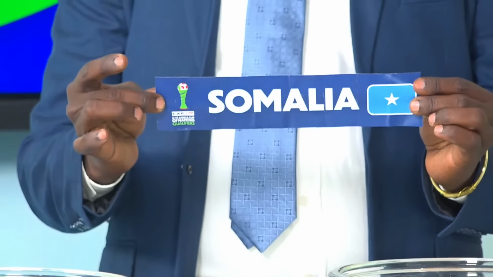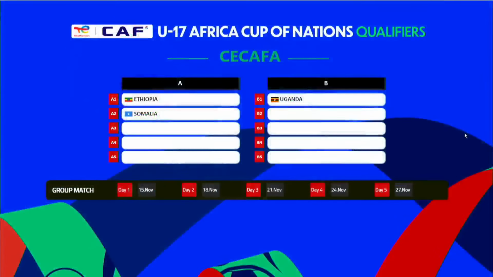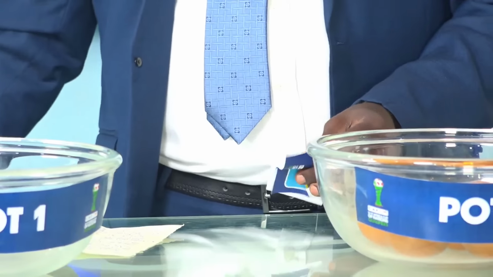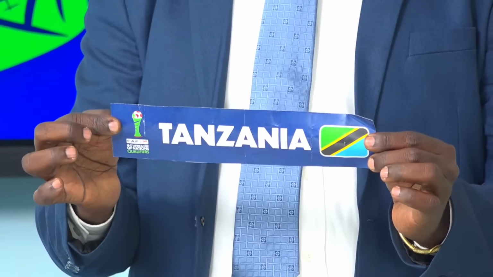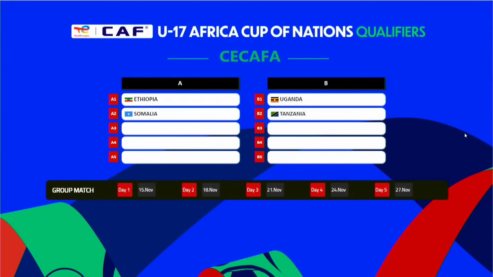We have Somalia joining Ethiopia, so Somalia becomes A2. The second that is remaining in Pot 1 is obviously Tanzania, and Tanzania joins Uganda in Group B and becomes B2.